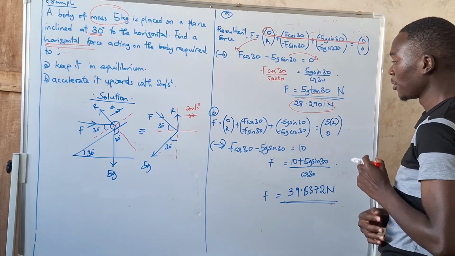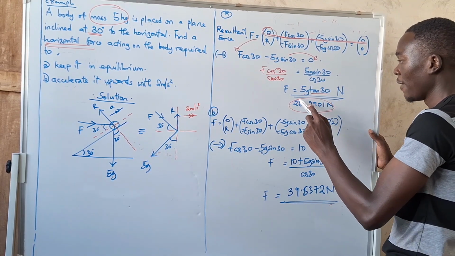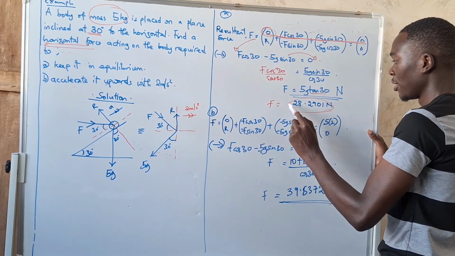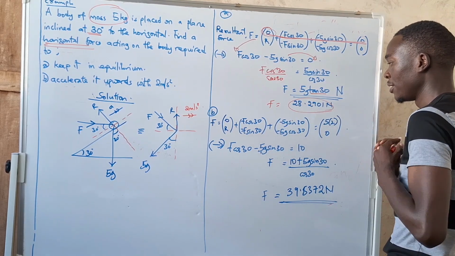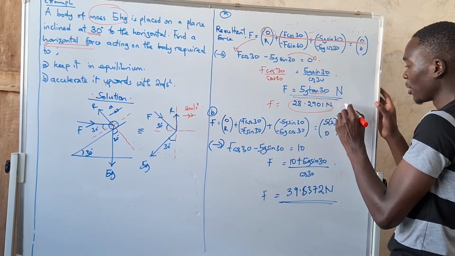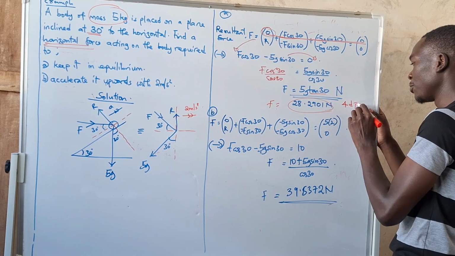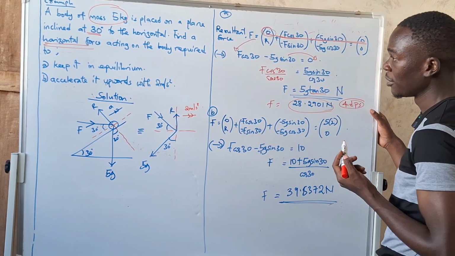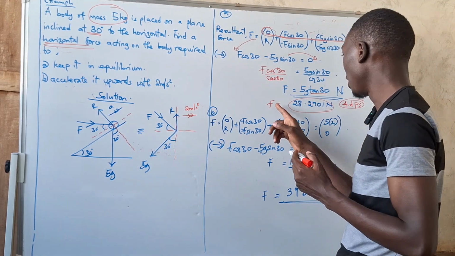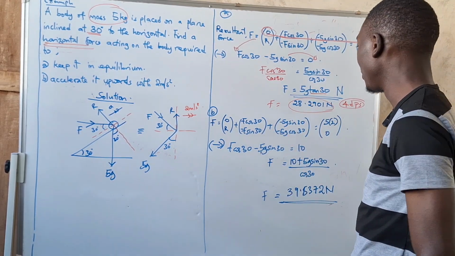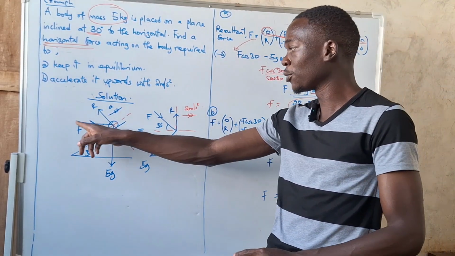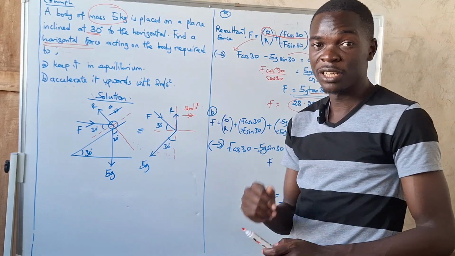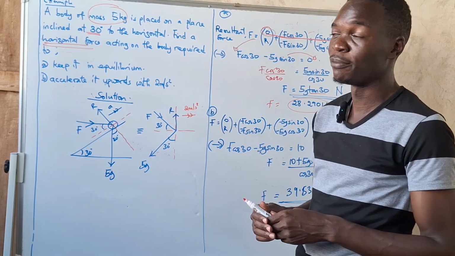Someone who will use the calculator in the best way will obtain the force F as 28.9 04. Don't forget to put your answers to 4 decimal places. That gives us what we have in part A. That means if we apply this force of 28.2901, horizontally on this body, the body will be kept in equilibrium.